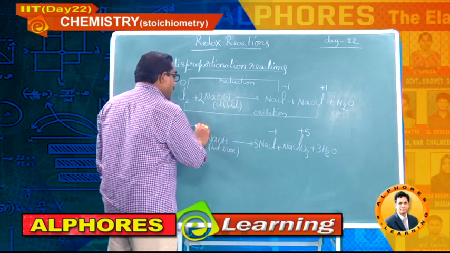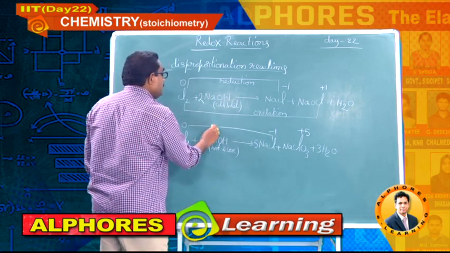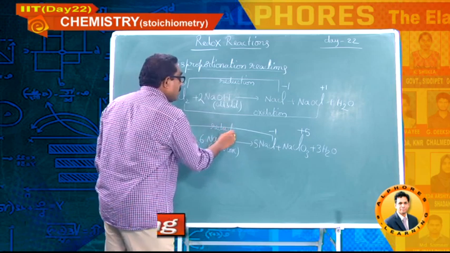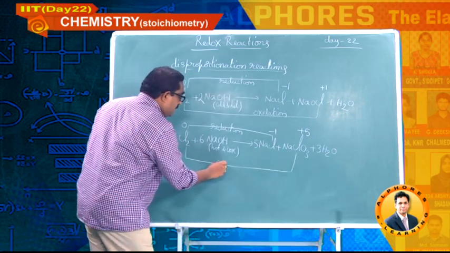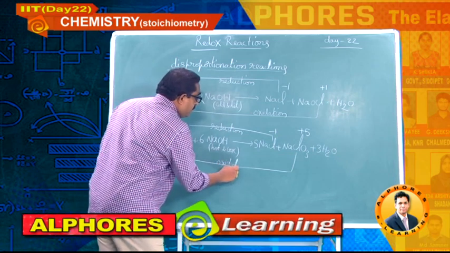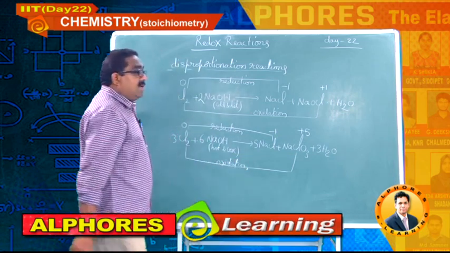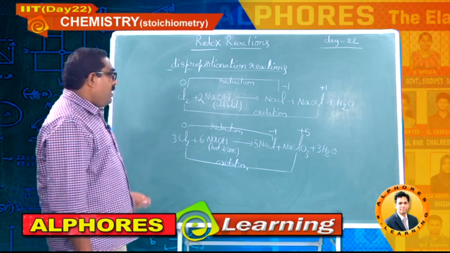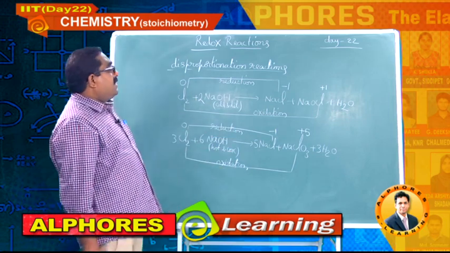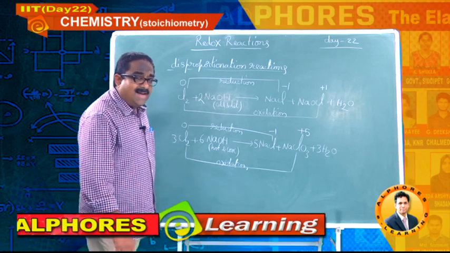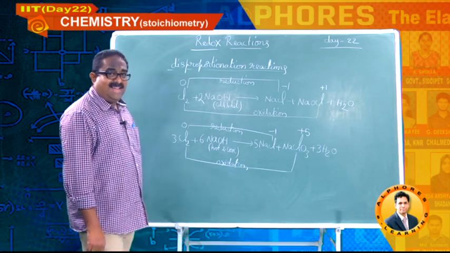Here also you can write this is reduction, whereas this is oxidation. In this redox reaction also, the same element chlorine is undergoing oxidation as well as reduction. That's why you can also call this reaction a disproportionation reaction.